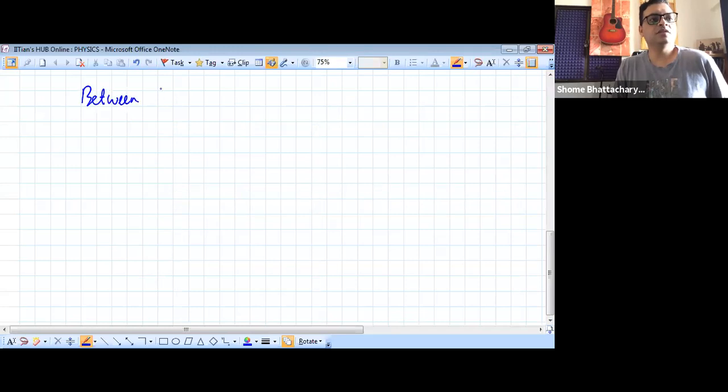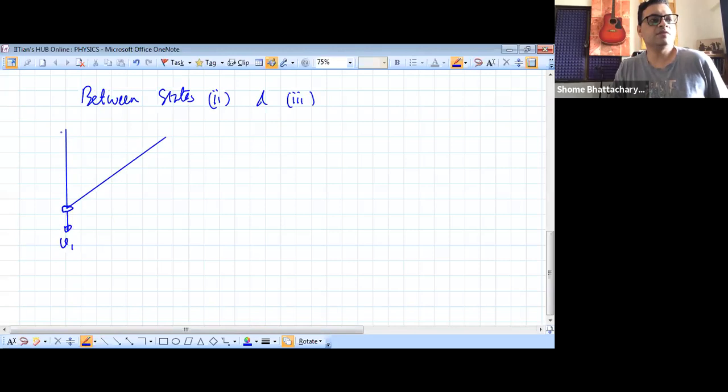So between states 2 and 3, one case is where the bead is having a downward velocity of that v1, which we just calculated. So this is one instant.